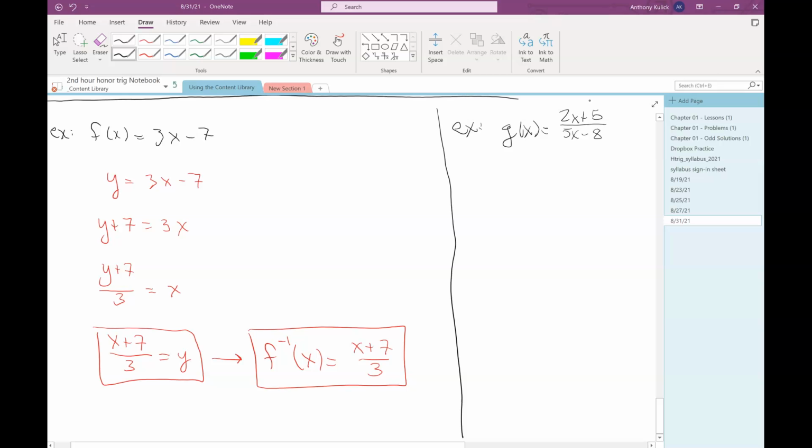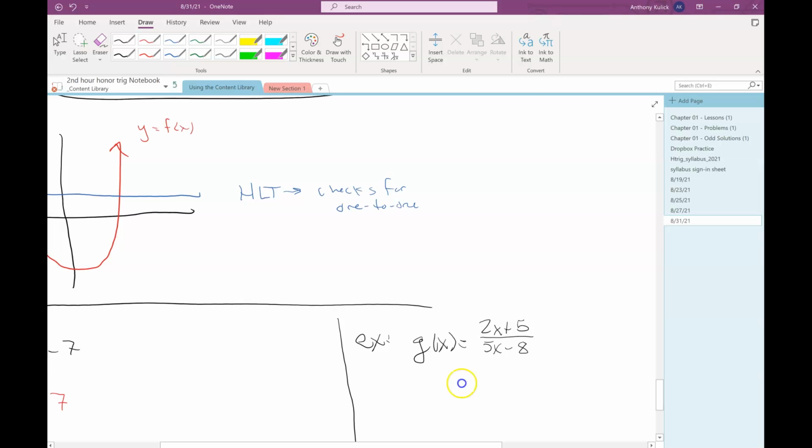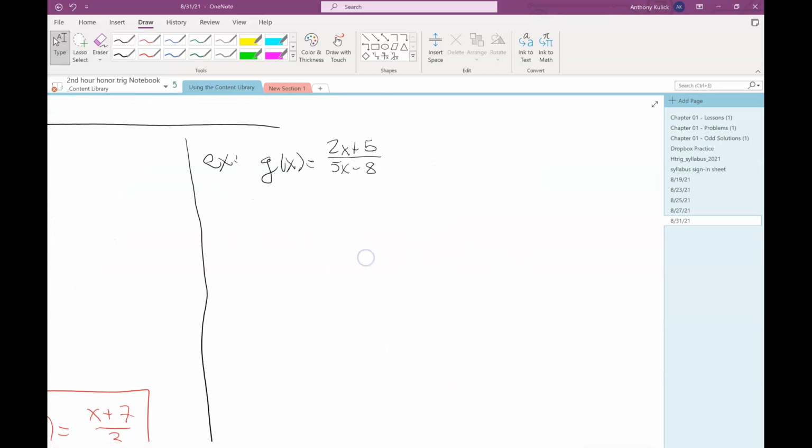This one should be a bit more challenging. So let's say we have g of x equals (2x plus 5) over (5x minus 8). So my first step, I'm just going to replace the function notation with a y.